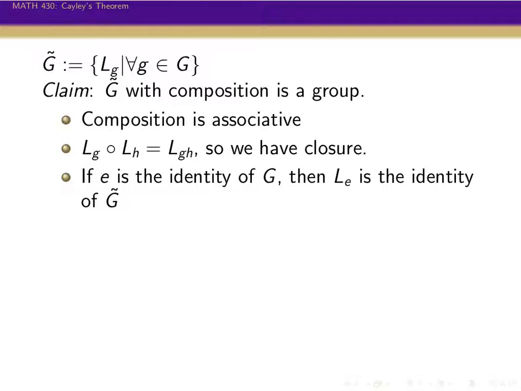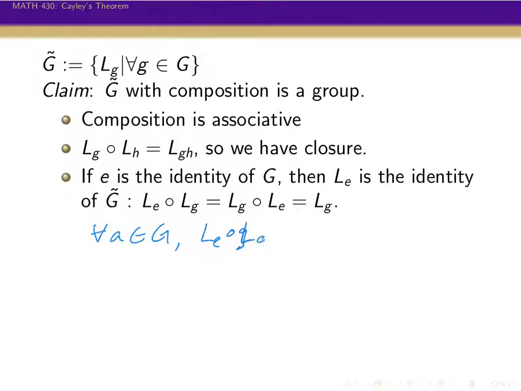The identity element of G tilde is going to be left multiplication by the identity. And this is pretty straightforward to see. So if you compose the identity map with any other L sub g, doesn't really matter the order, but let's just double check what we're talking about here. So for any a in G, if we do L sub e of L sub g of a, this is going to be L sub e of ga, which is just going to be e times ga, which is ga.